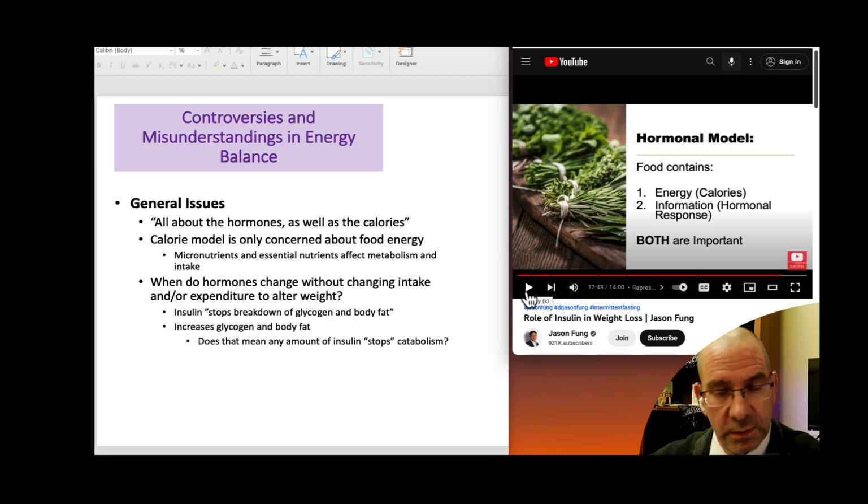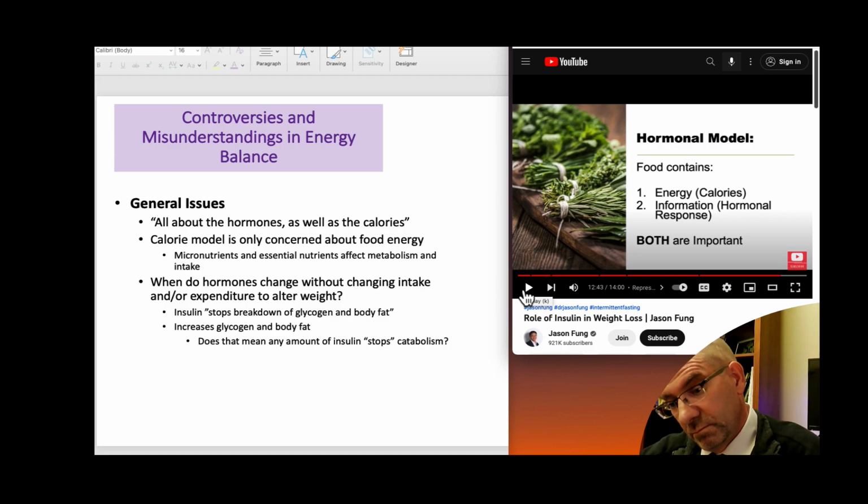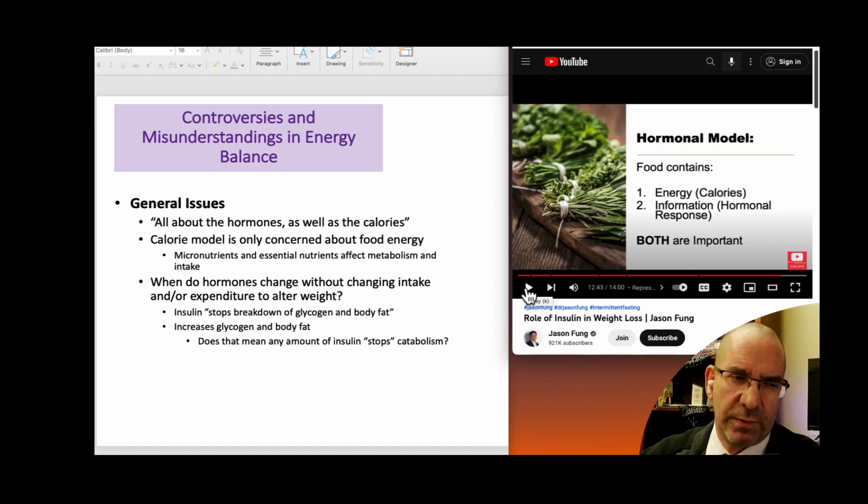Low carb is a way to do it. Intermittent fasting is a way to do it. But so is snacking, grazing, small things, and counting calories, if somebody wants to do that, works. So anyway, there are several ways to do it.